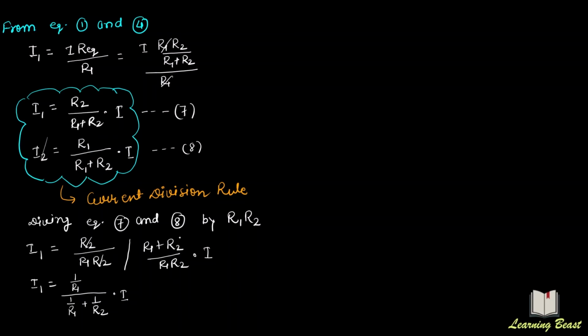Clear? So this equation can be rewritten in the form of conductance. So I1 is equal to 1 upon R1, that is conductance G1, divided by G1 plus G2, into I. Suppose this is equation 9. Similarly, I2 can be written as G2 divided by G1 plus G2 into supply current I. Suppose this is equation number 10.